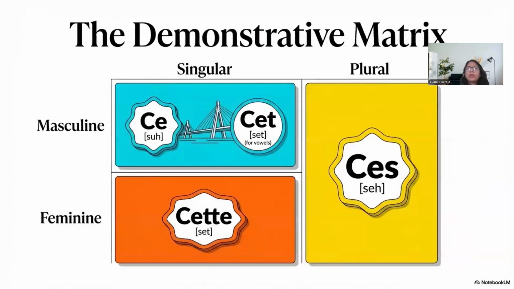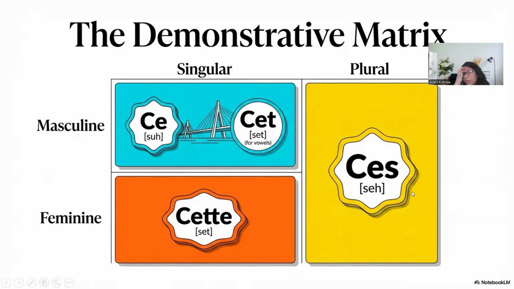Now let's learn a little in detail. Every noun has a gender, as we all know. If the noun is masculine, we use ce or cet. If the noun is feminine, we use cette, whether it starts with a vowel or a consonant. If the object is plural, we always use ces.